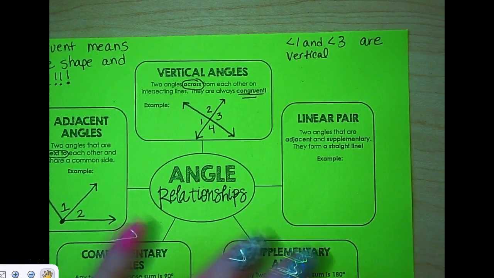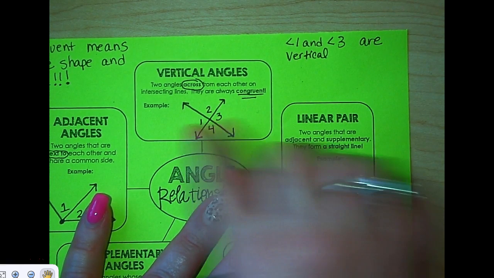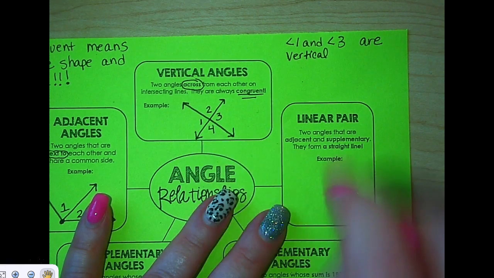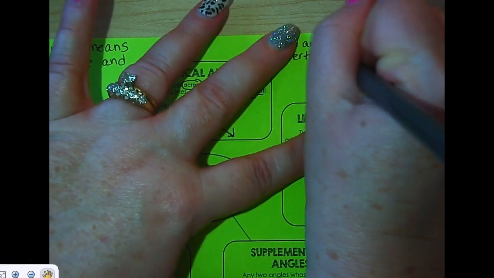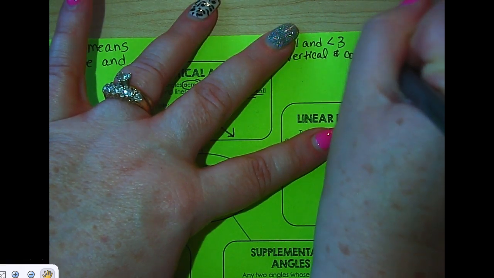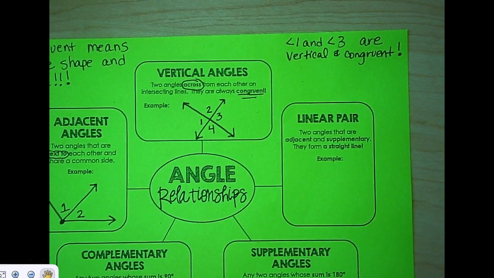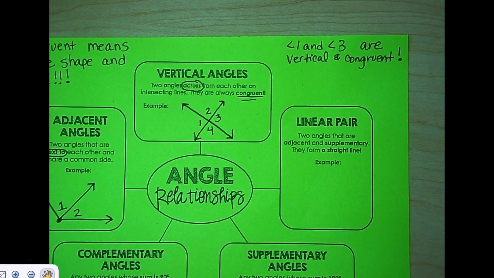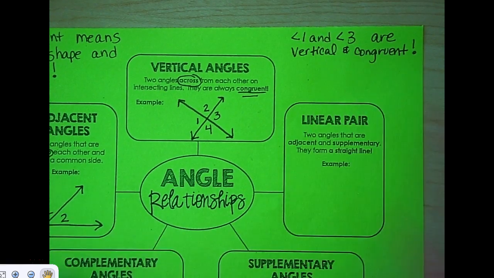Congruent means same shape and same size. Those 1 and 3 are exactly the same. They are a mirror image of each other. So 1 and 3 are vertical and congruent. Angle 1 and 3 are vertical and congruent. And you need to make sure that you have that little angle mark at the front.